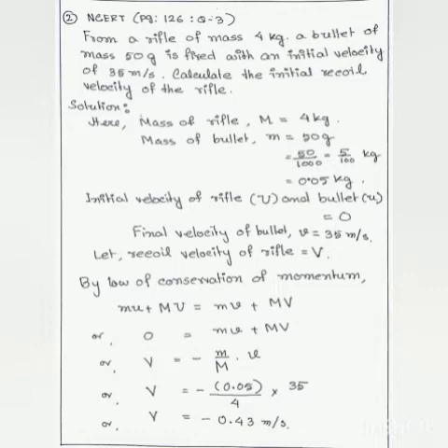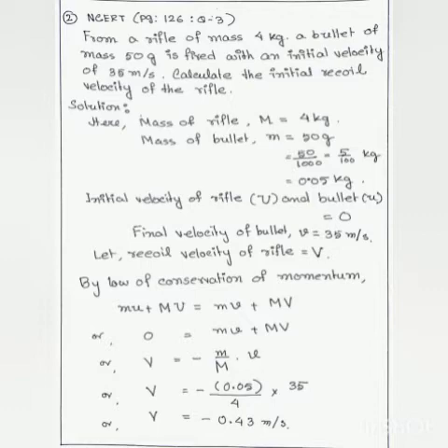So from this relation we can calculate the recoil velocity capital V, which is equal to minus small m by capital M into small v. Just substitute all the values and recoil velocity we will get as minus 0.43 meter per second.